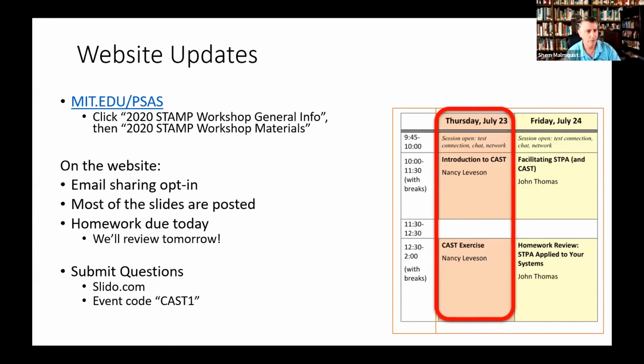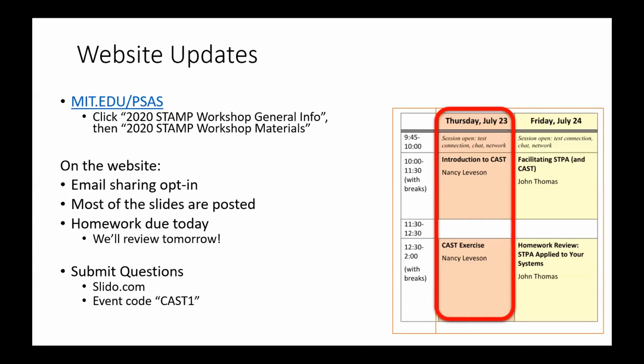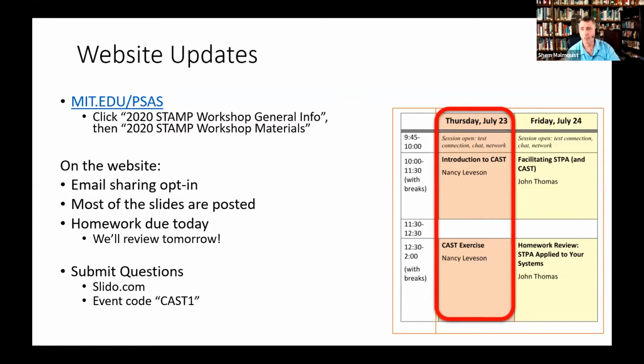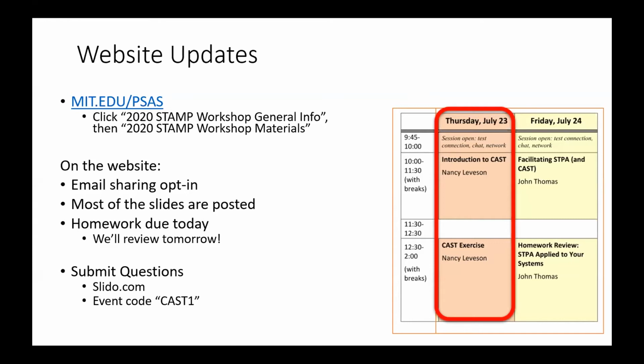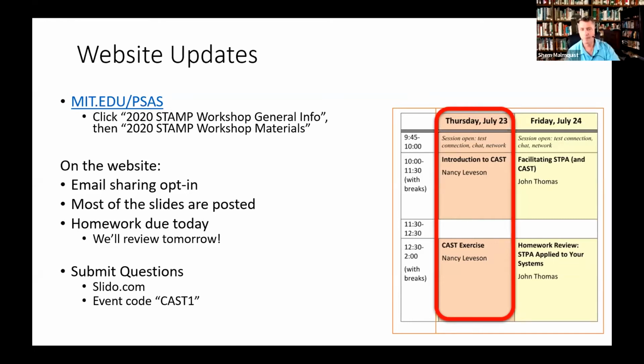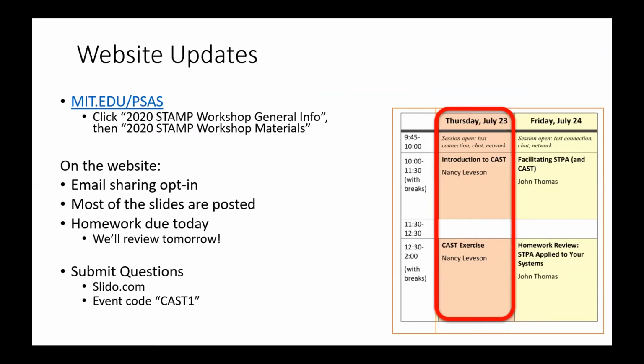I'm planning on using a whiteboard and actually drawing this control structure in real time. That's basically my thought. So click share screen or new share, and it'll pop up with your different screens. That's fine. And I did create a Slido with event code cast 23, so I got an account. Oh, I see it. We've got a half hour though before you start.